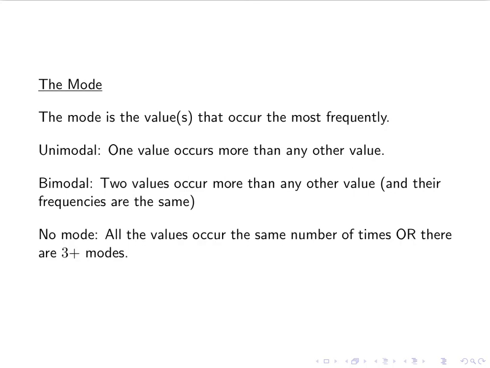Or we can have no mode, and this is two different cases. Either all the values occur the same number of times, or there are 3+ modes. So sometimes you will call that multimodal, but in our case, we're just going to go with 3 is too many to concern ourselves with, and we're just going to call it no mode.